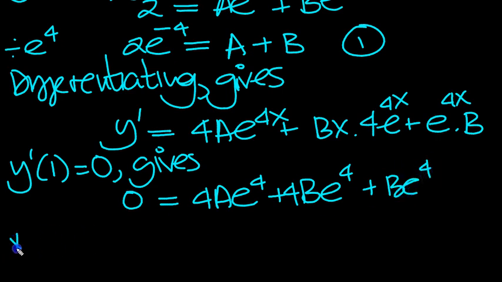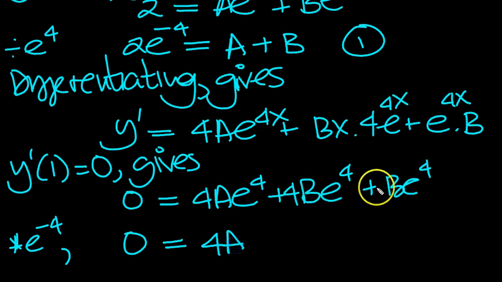So multiply by e to the minus 4 here, and we get 0 is equal to 4a, this is 4b and b, that makes 5b. The e to the minus 4, when you times it, gives e to the 0, because you add the indices, and 4 plus minus 4 is 0. The same goes here, so that's just 5b. So that's number 2.